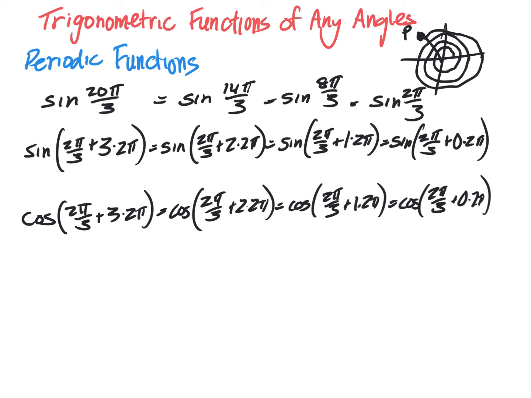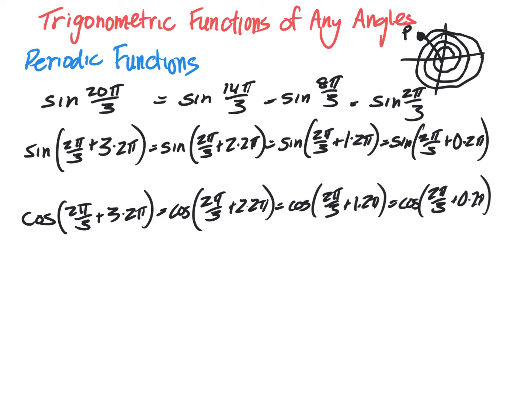Just like integer multiples, so 0, 1, 2 times 2 pi, 3, even -1, that just tells us how many times we go around. 1 circle, 2 revolutions. If it was negative, then we go around in the negative direction. So if they all lead to the same point, then the values for sine will all be the same, or the values for cosine will all be the same.